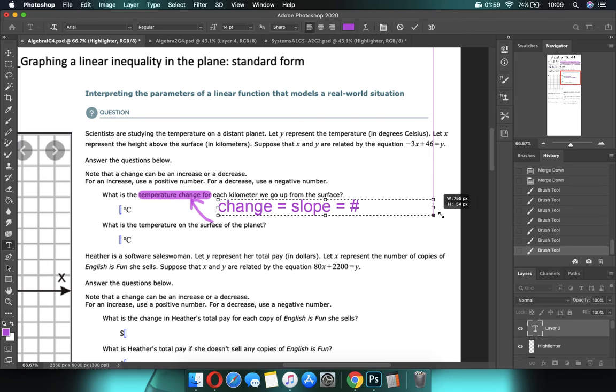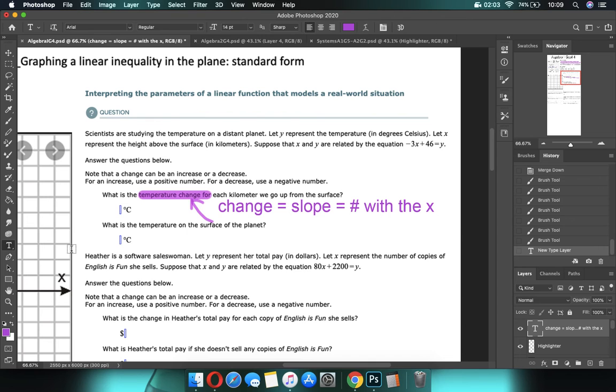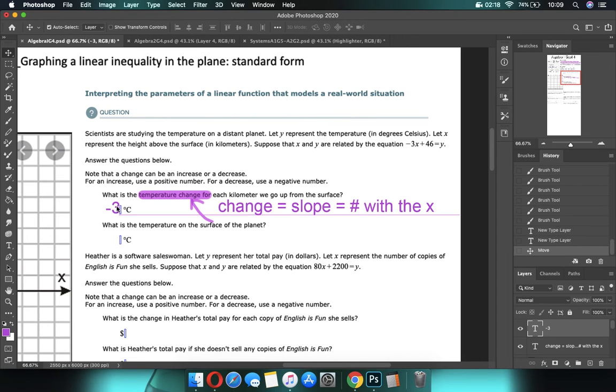Change equals slope equals the number with the x. So when we are looking here, what number is with our x? The -3. And that's how we're going to know what number it is we are using for this particular question.